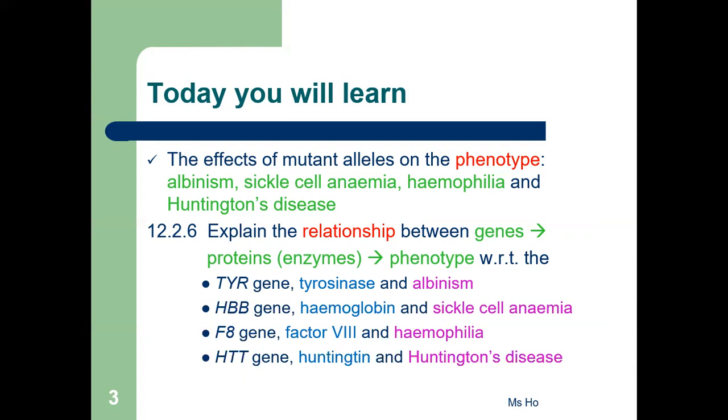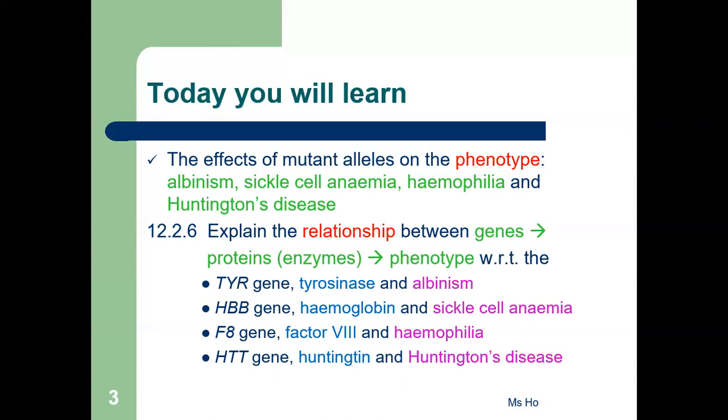So the TYR gene, which codes for tyrosinase, when it's mutated, gives rise to albinism. The HBB gene, which codes for haemoglobin, when it's mutated, gives rise to sickle cell anemia. The F8 gene codes for factor 8, which is a blood clotting factor. When it's mutated, it may give rise to haemophilia.